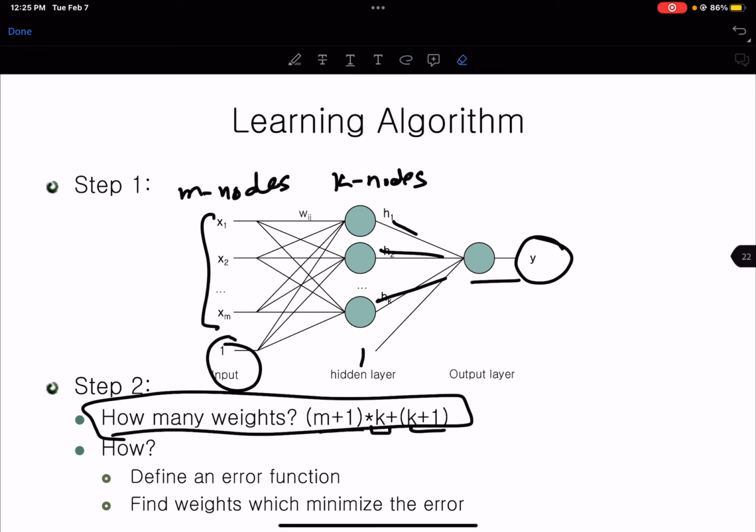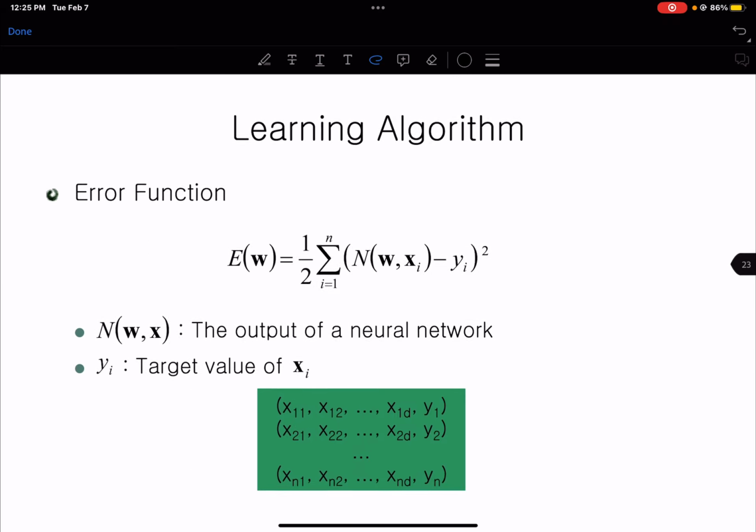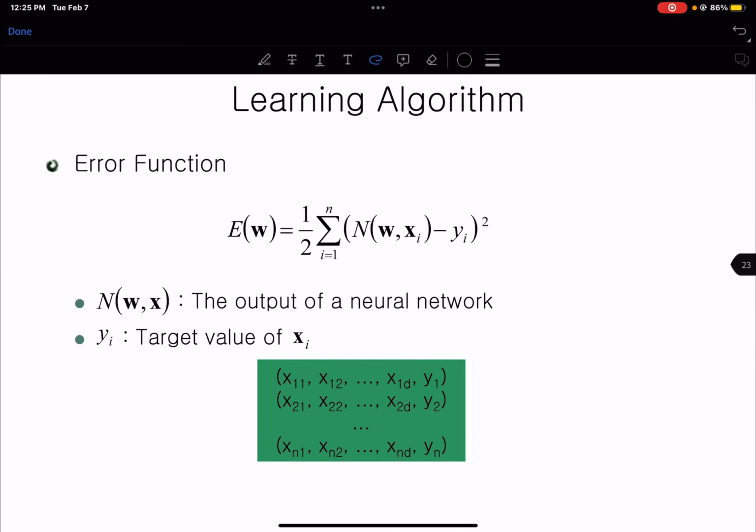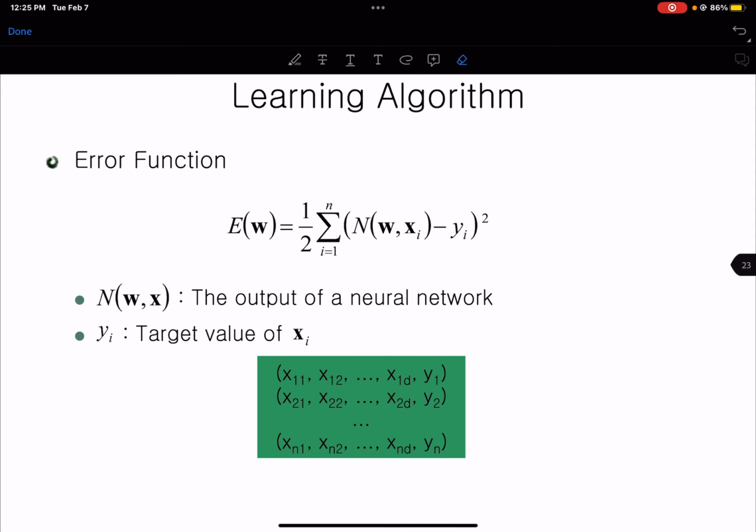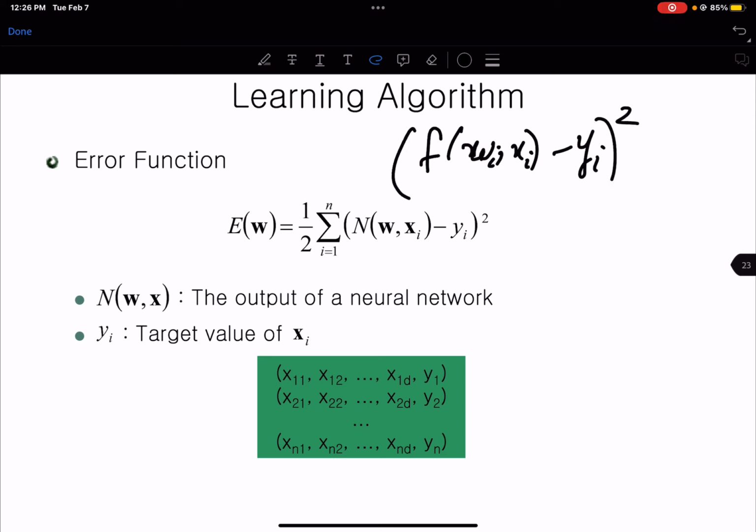So how can we now define the error function and find the weights that minimize the error? We have already defined an error function earlier, Wx minus yi. So we use this function.